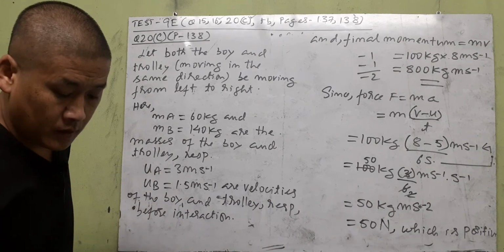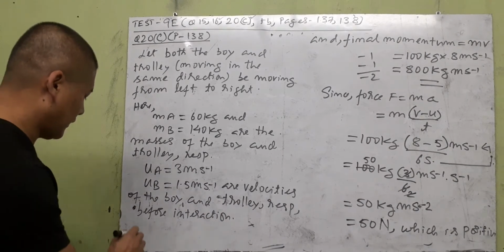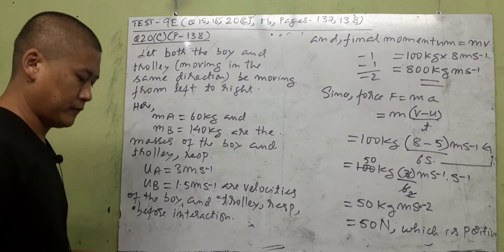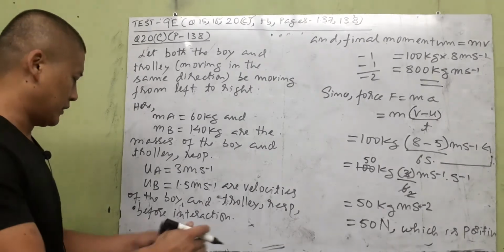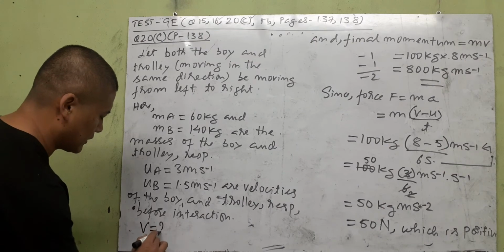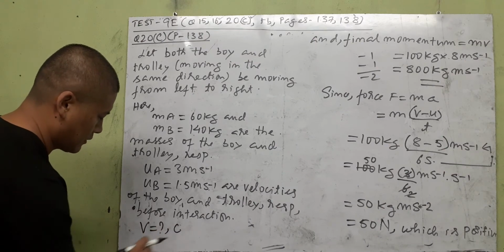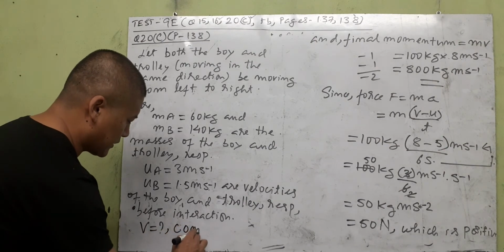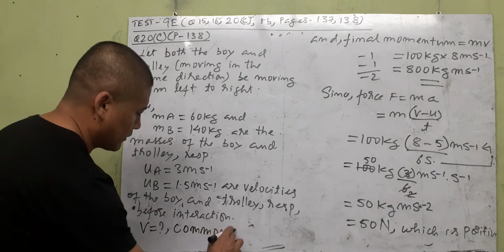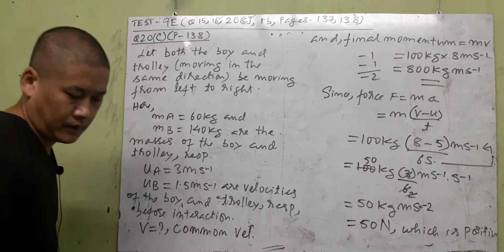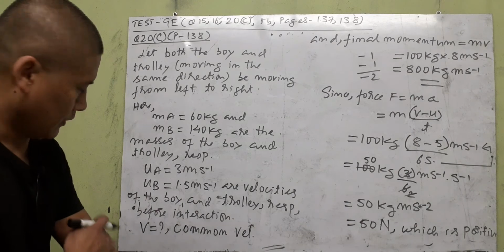What is their common velocity? After jumping, the boy will move with the same velocity as the trolley. Both of them will have the same velocity. Let's say V is the common velocity. It means both of them together after interaction. We have to find this.